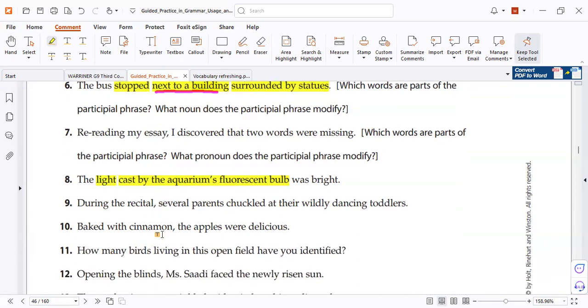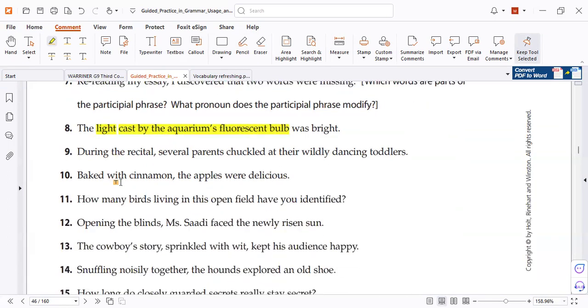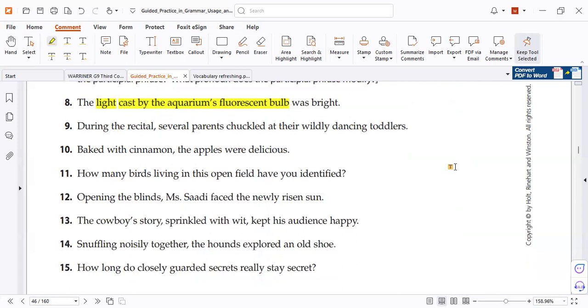Now it's your turn. Find any phrase. Number 9. Any phrase. Let me help.